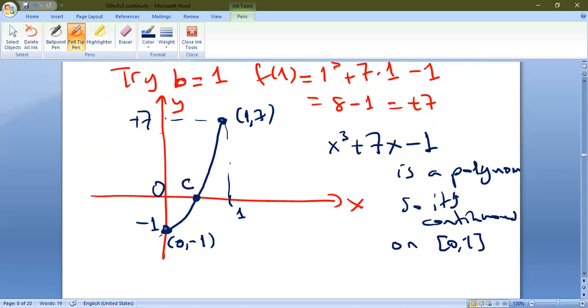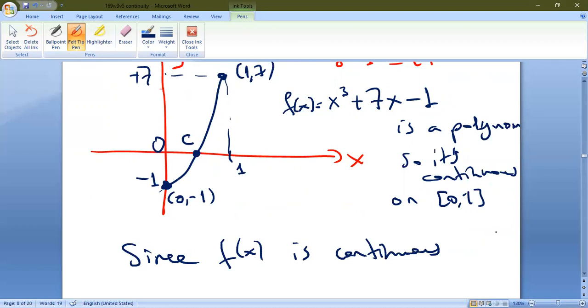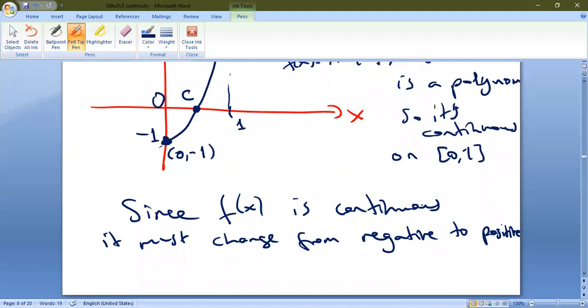Let's say this number is c. Since f is continuous, it must change from negative to positive somewhere in between, let's say at c.